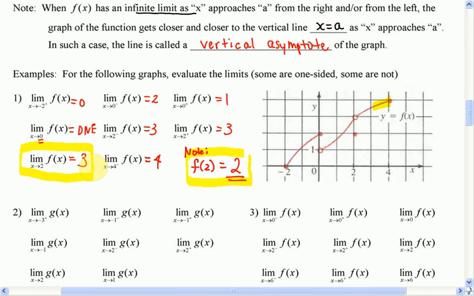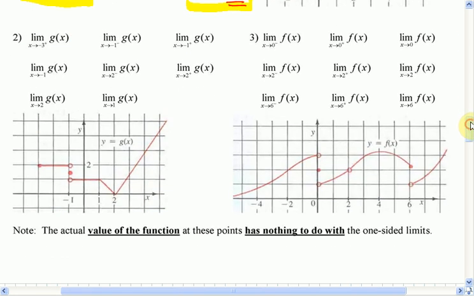Yet, when I'm actually at 2, the y value is 2. They don't have to be the same. The limit and the y value at that point does not necessarily have to be the same. Take a look at number 2 now, please. I want you to try that on your own.